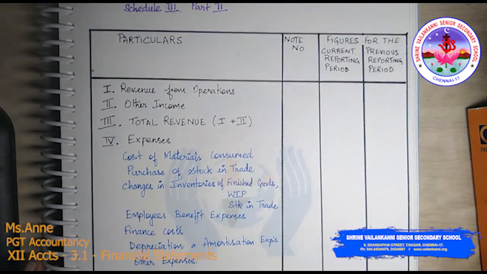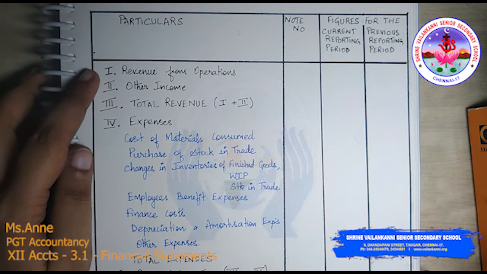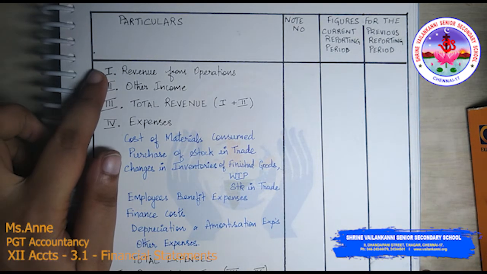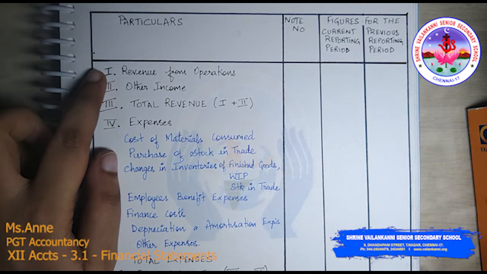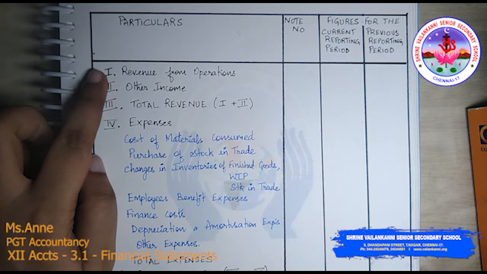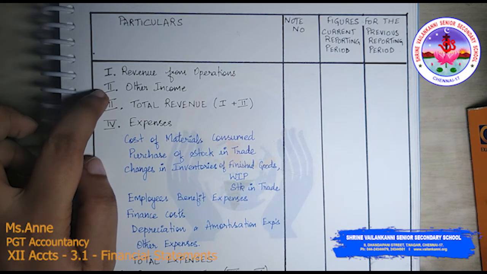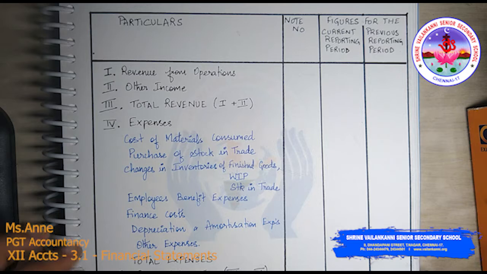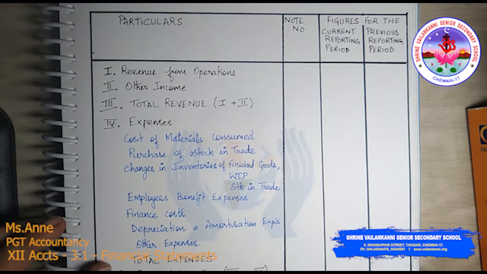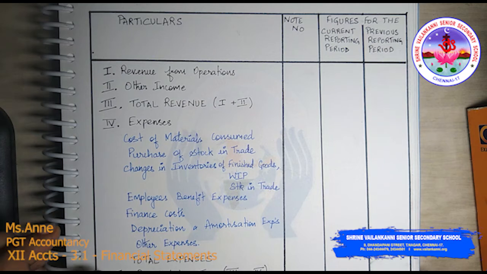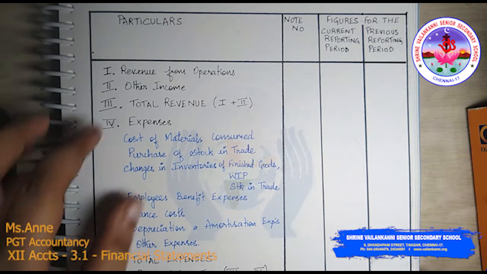You have revenue from operations, which is nothing but your sales, that is, how much revenue you have generated from business activity. You may have other incomes also. For example, if you have investments in shares, you have dividend income, interest income, and you may have non-recurrent business or something.